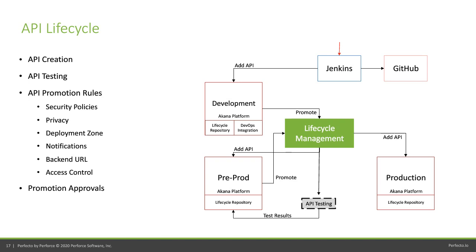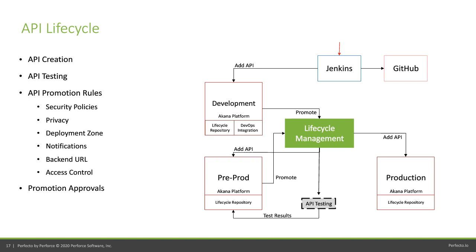So is the pre-prod and prod. They have the respective backend systems to point the APIs to. So on the fly, when we promote the APIs, we can make change to that backend URL so that there is less human intervention and then reduced chances of errors.